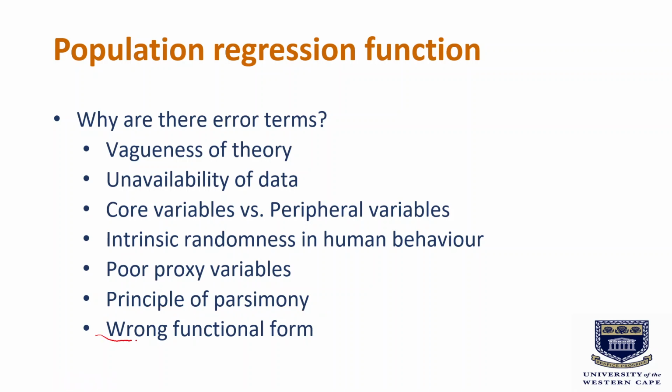And then finally, it's possible to adopt the wrong functional form of a model. So we might have the right variables in our model, but we may not be specifying them correctly. So perhaps a linear relationship between x and y is not quite appropriate to explain the relationship between two variables.